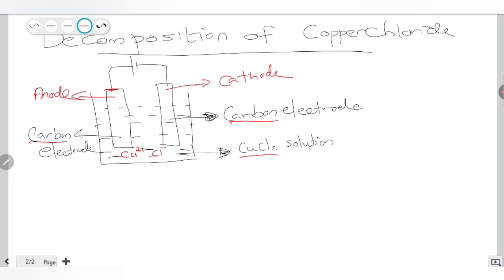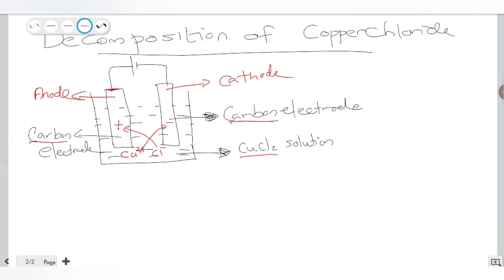Now I'm going to explain the working. When you connect the electrodes to the cell, this is positive, and positive will attract the negative, and negative will attract the positive. Because we are using a carbon electrode, it won't react.